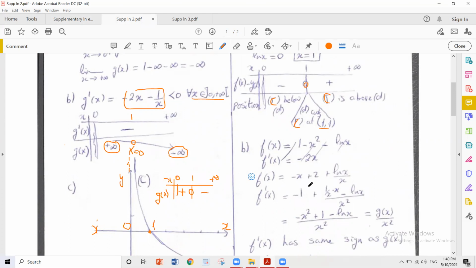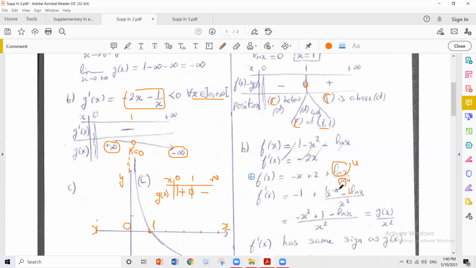F prime x equals minus 1, the derivative of 2 is 0, plus u over v. U prime, the derivative of ln x, is 1 over x, times v, which is x, minus v prime, which is 1, times ln x, over x squared.